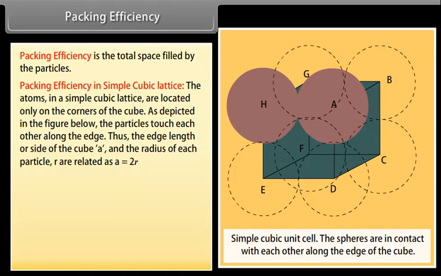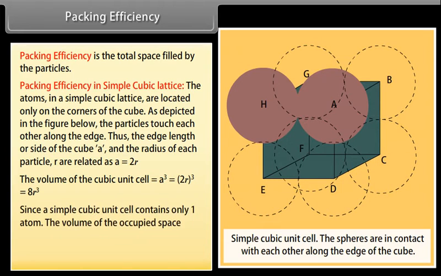The volume of the cubic unit cell is equal to a cube, which is equal to (2r) cube, which equals 8r cube. Since a simple cubic unit cell contains only 1 atom, the volume of the occupied space is equal to 4/3 pi r cube.